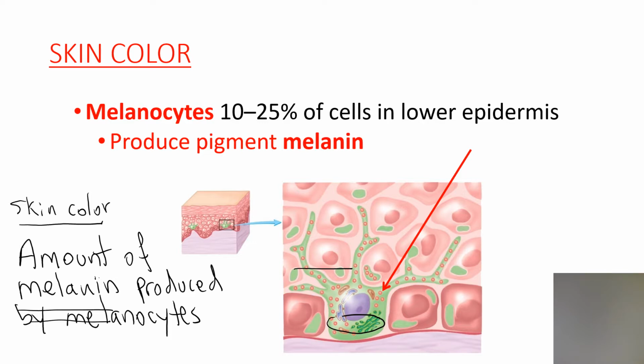All persons, regardless of their skin color, have roughly the same number of melanocytes. What changes among different skin colors is the ability of melanocytes to produce a pigment called melanin, not the number of melanocytes.